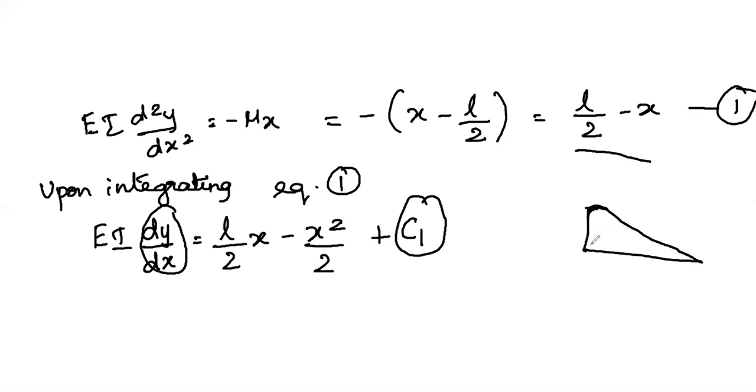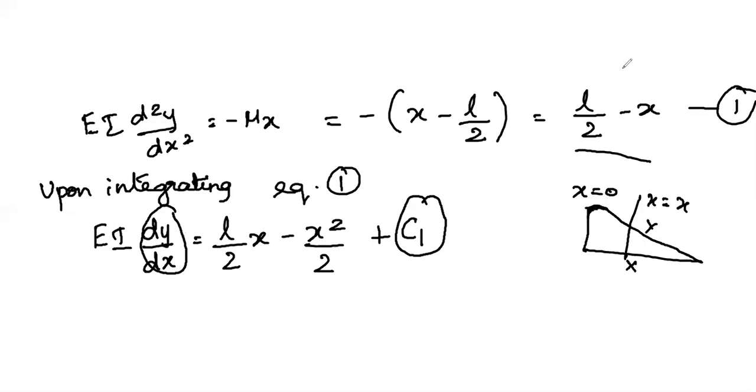Now, this x is starting from here and it is ending here, x equal to x at the point X. Here the value of the deflection is 0, because it is simply supported. dy by dx is nothing but the slope. We have made the slope at this point 0 by applying an anti-clockwise moment. So the slope at the point x equal to 0 will be 0.